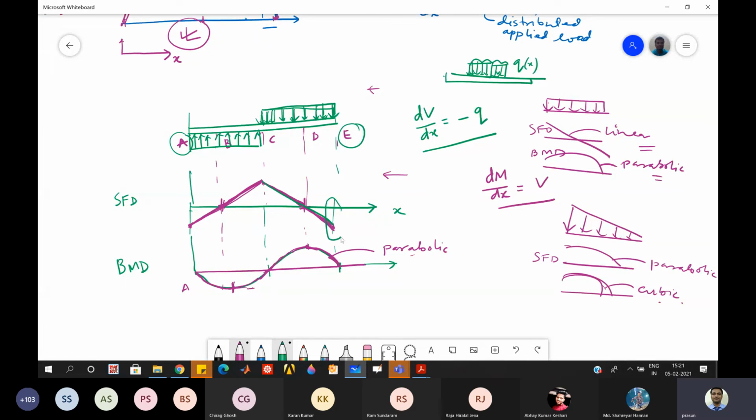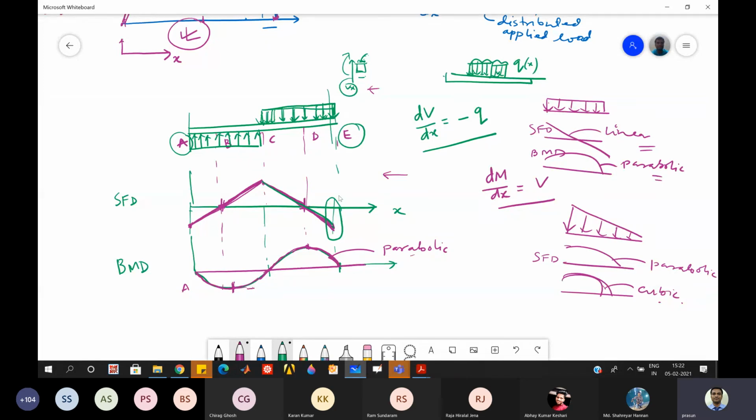So you see here, because this is not zero. If I have only this load and take a small portion, the shear force will become zero, because this load as x tends to zero is nothing.